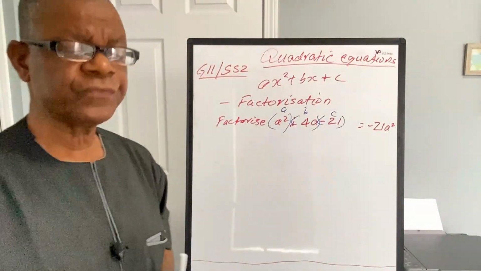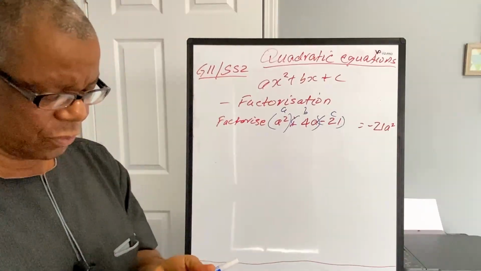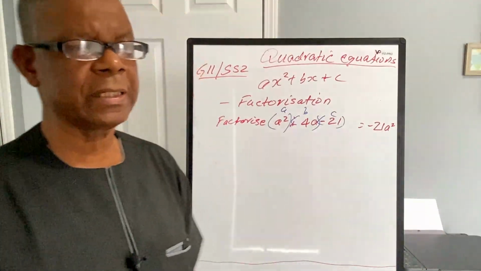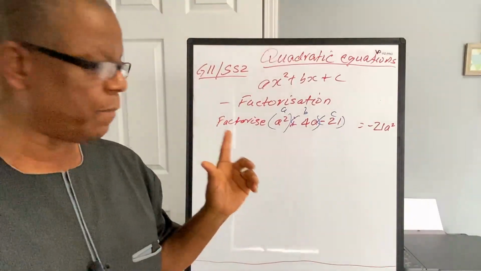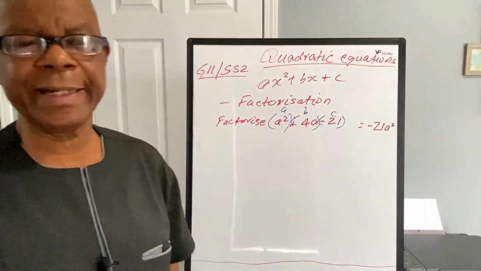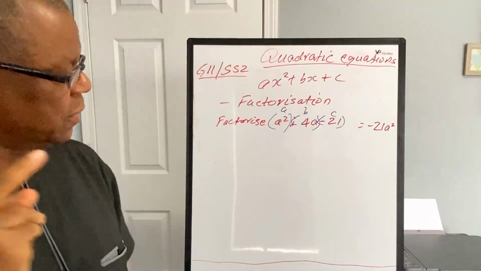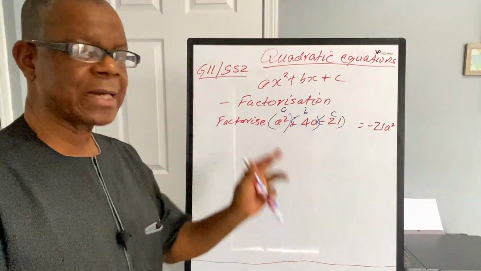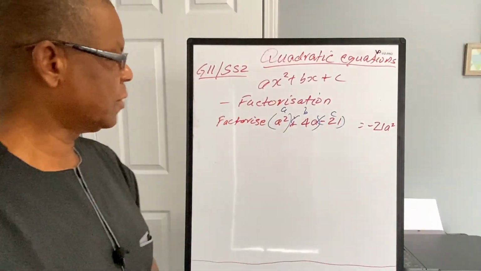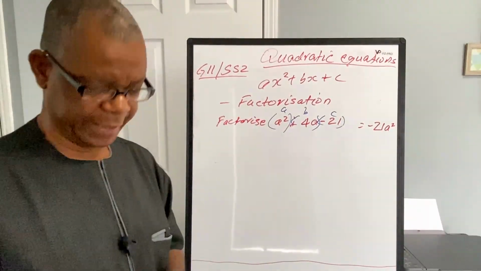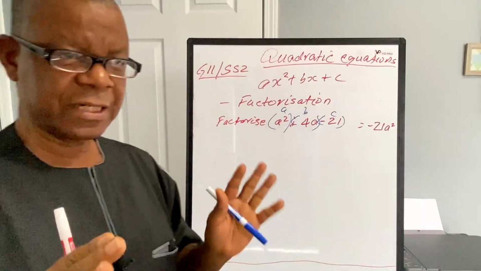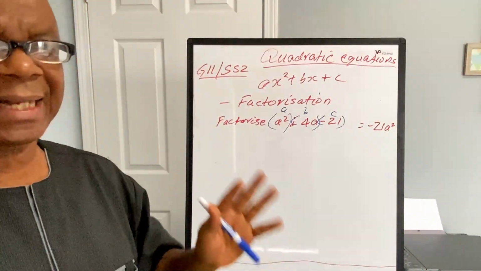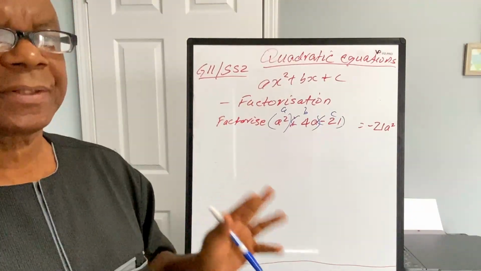Then we look for the 2 factors whose product will give us minus 21a squared, but whose sum will give us plus 4a. You can see that such numbers will be 7 and 3.